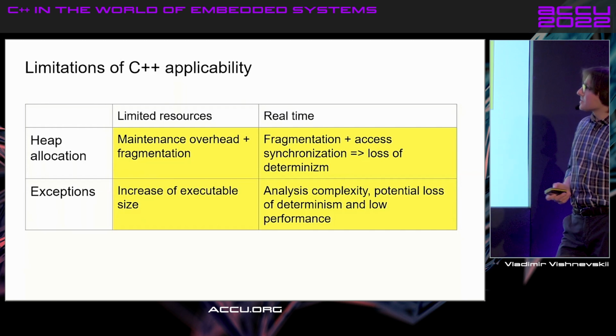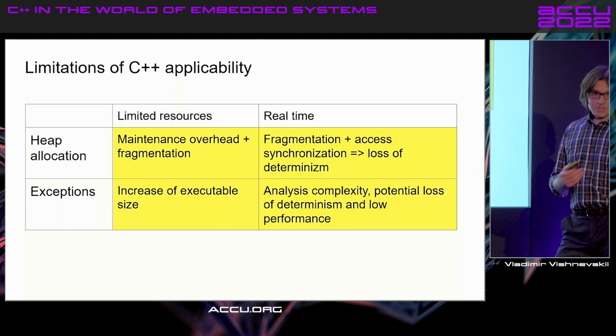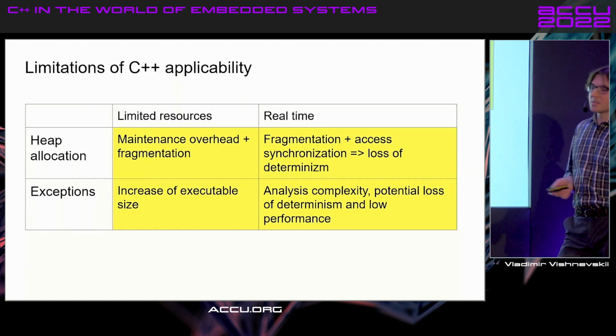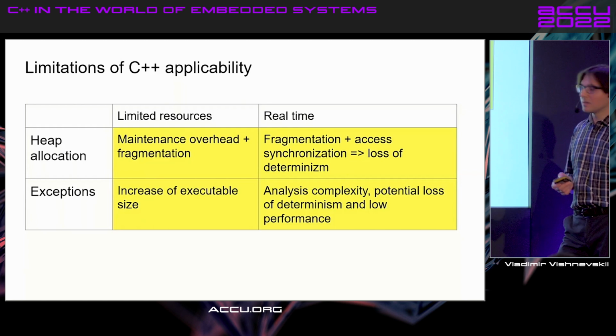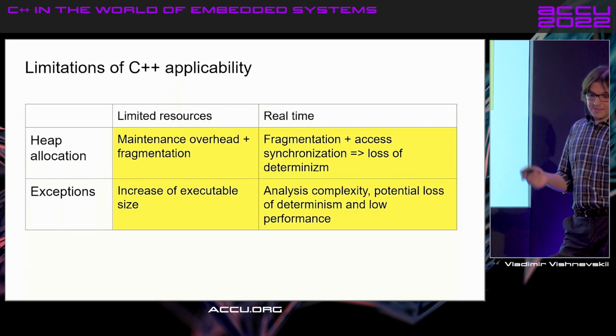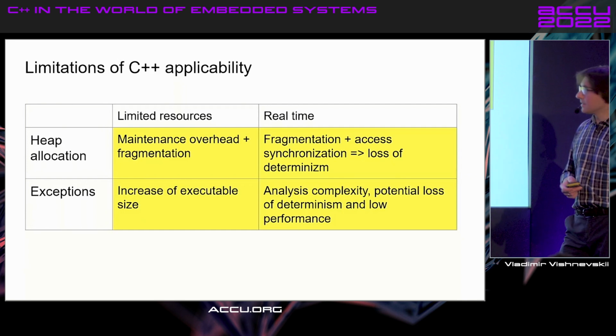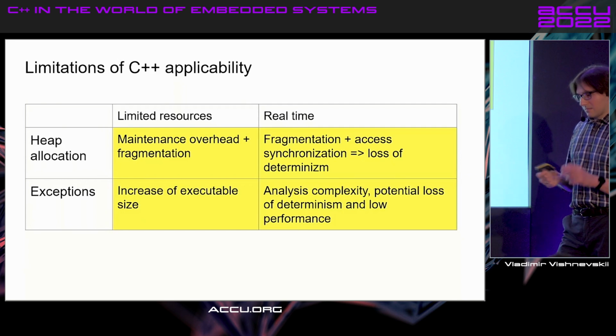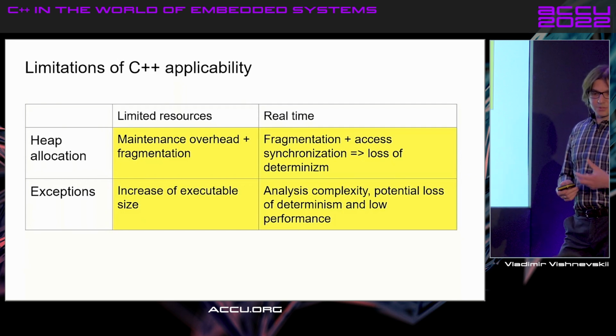In case of exceptions, for the limited resources, it might happen that the increase of the code size, of the executable size, can be too critical. For the real-time, the analysis complexity and potential loss of determinism as well.